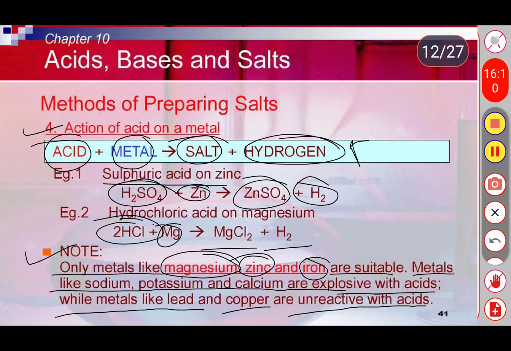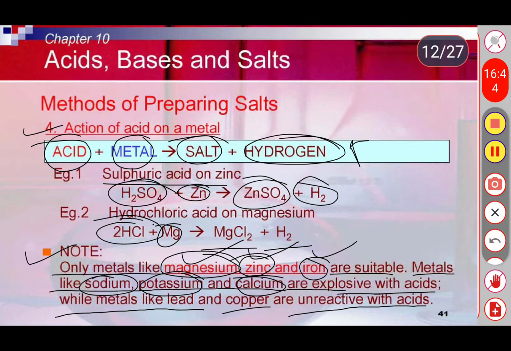So when we are going to prepare salts with the help of acids and metals, we need to consider magnesium, zinc and iron only, because they usually form salts in normal conditions. Instead of these, if we are using potassium, sodium or calcium, they are highly explosive, which will be dangerous for our health as well as the atmosphere.